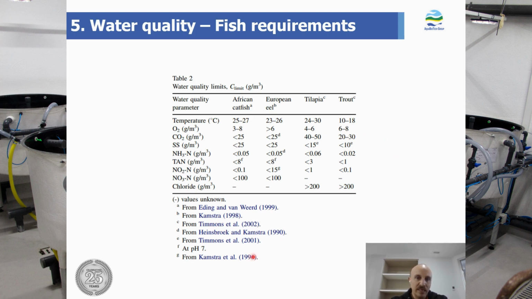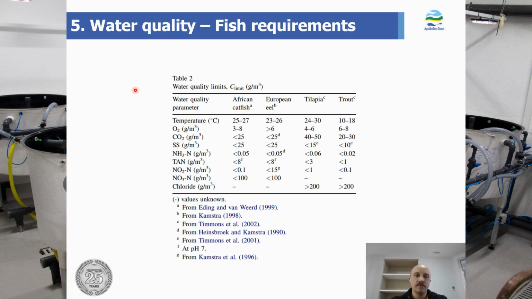In this table, we can see, for example, some of the main water quality parameters for only four of the most popular species for freshwater: African catfish, European eel, tilapia, and trout. As you can see, some of them are what we call warm water species, some others are more cold water, and this water temperature also has an impact on the amount of oxygen that these fish require.